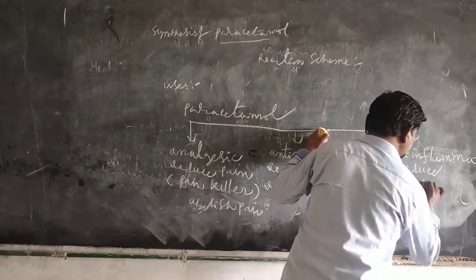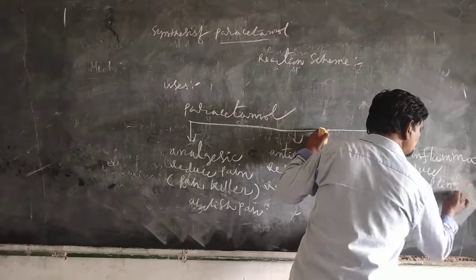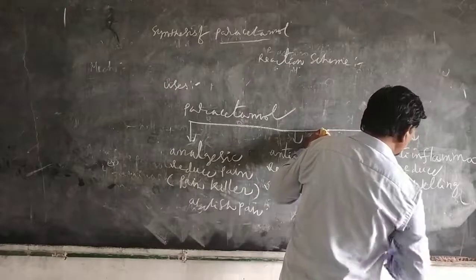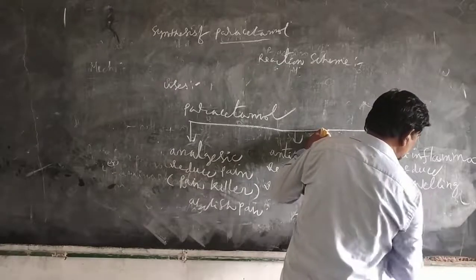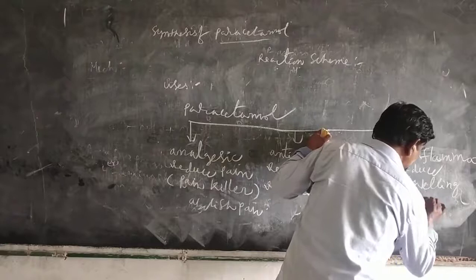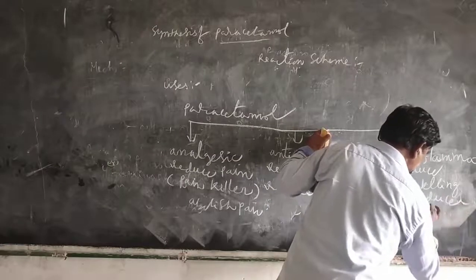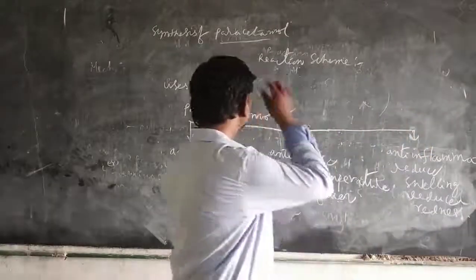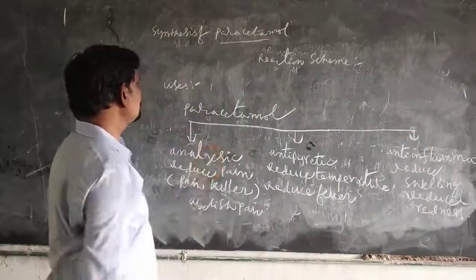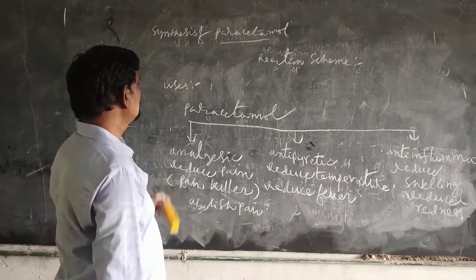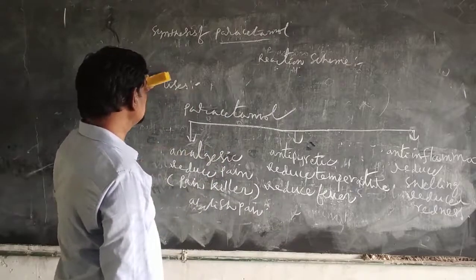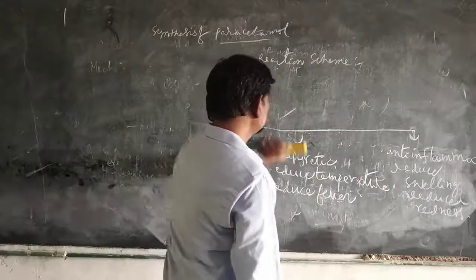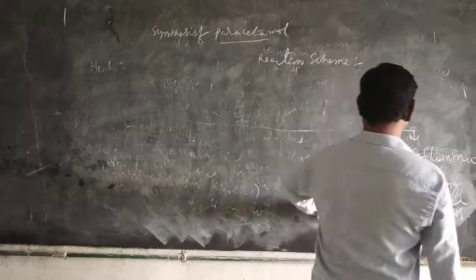It is a mild use: it has a slightly mild anti-inflammatory property, reducing swelling or skin redness. So these are the uses of paracetamol. It is a well-known drug with multiple clinical uses.